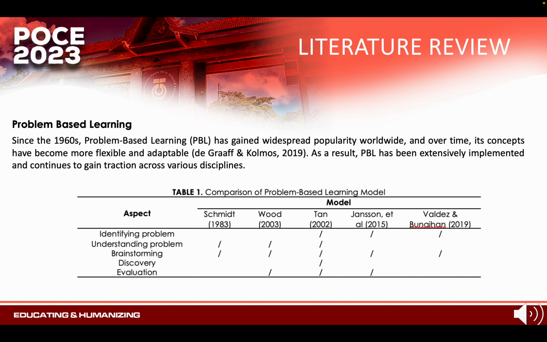For example, the stages of 10 2002 involve how students identify the problem, understand the problem, and involve the brainstorming stage and do this discovery, and the last is evaluation. Therefore, this study used 10 2002 as the PBL model.